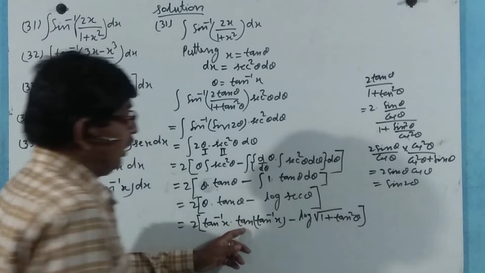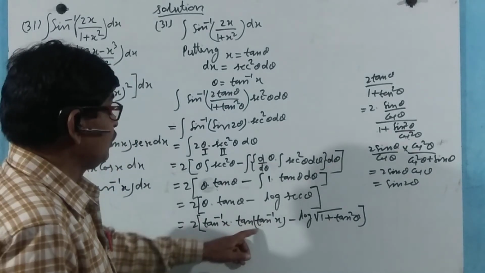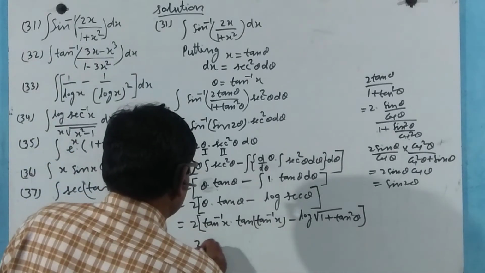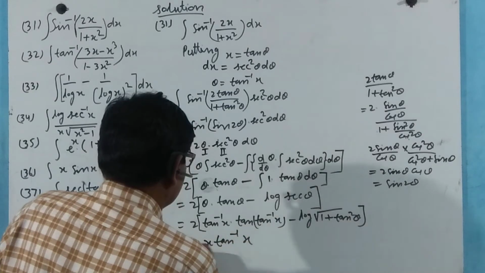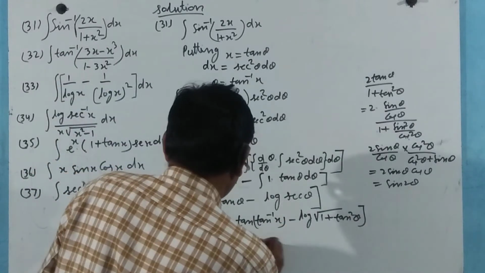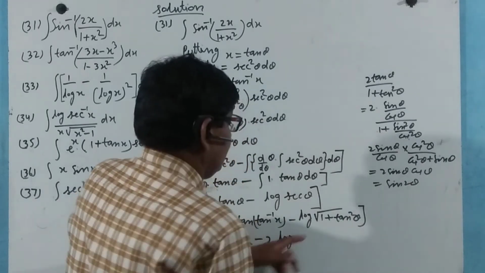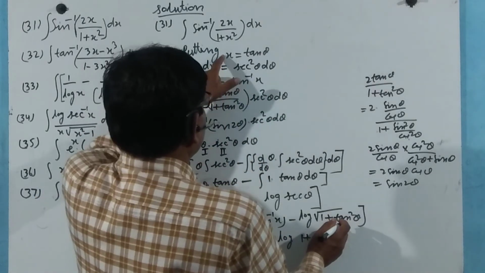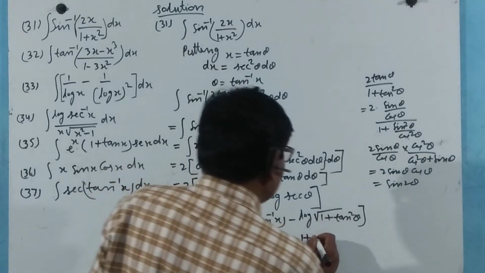Now tan of tan inverse x is equal to x, so we get 2x tan inverse x, and 2 comes here, minus 2 log of the square root of 1 plus x square, since tan theta equal to x.